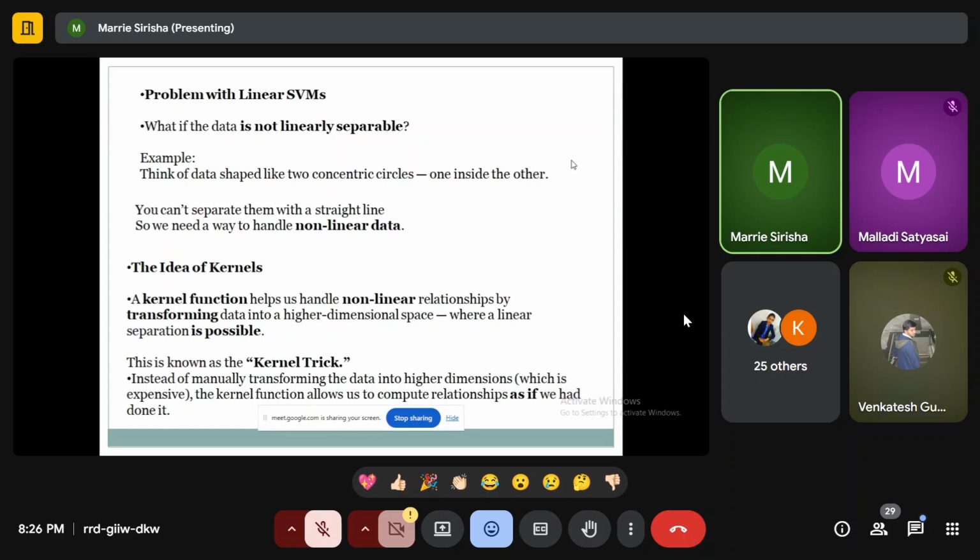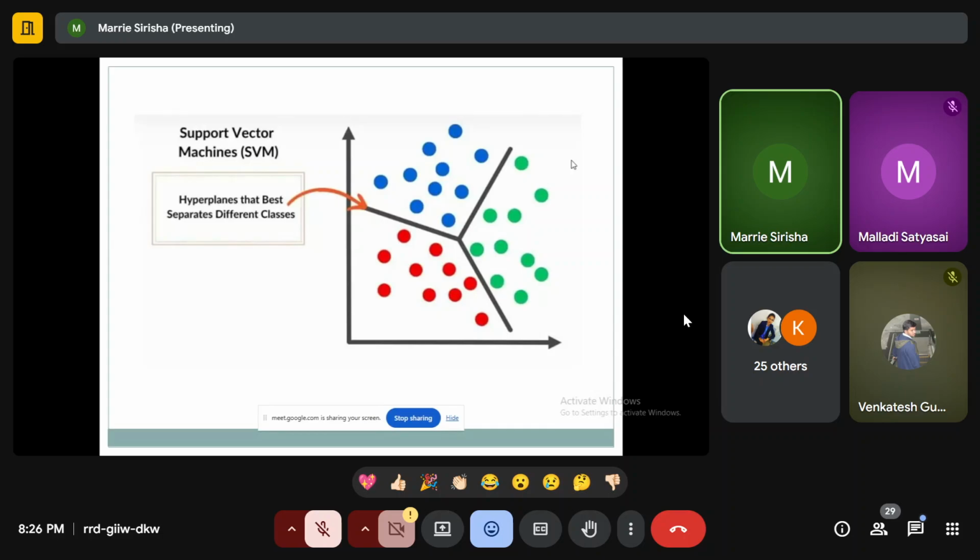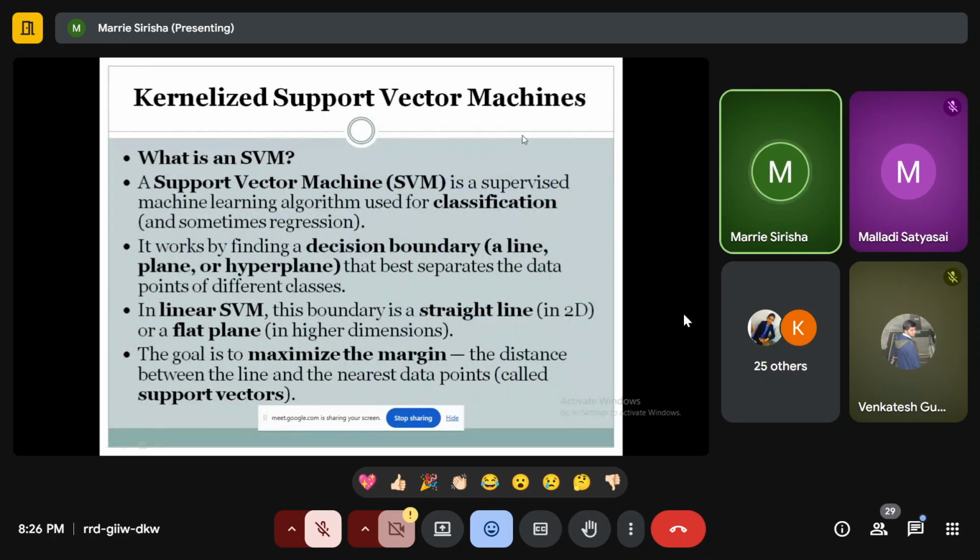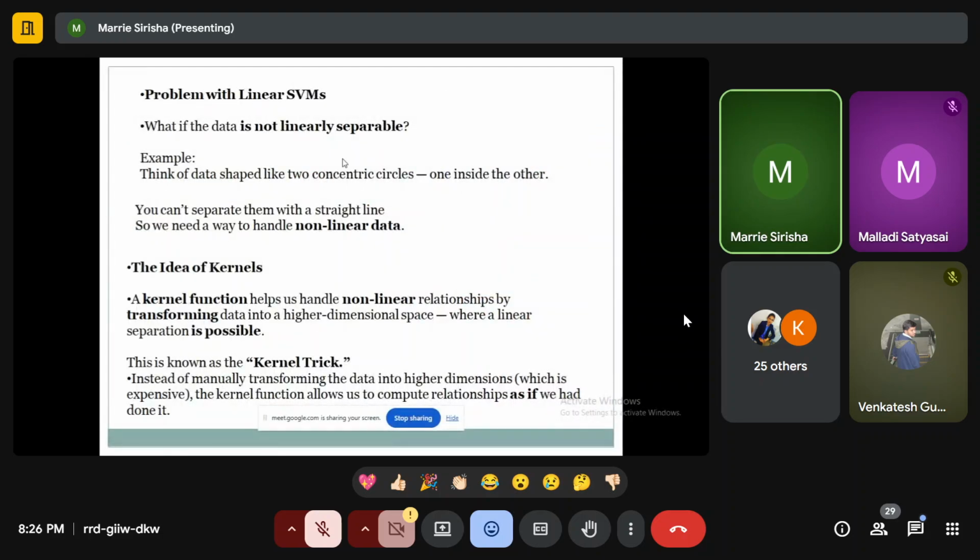For that, we need kernels. That is the concept of kernel. Why kernelized support vector machines came is this reason: when there is non-linear data, meaning we cannot draw a straight line or separate with a straight line. So what we have to do, we have to use the idea of kernels. See, you can't separate them with a straight line.